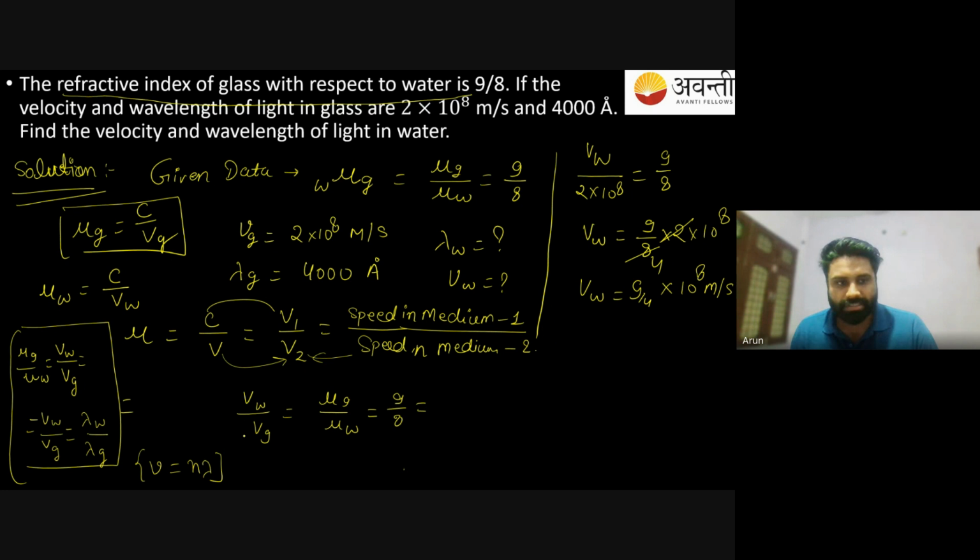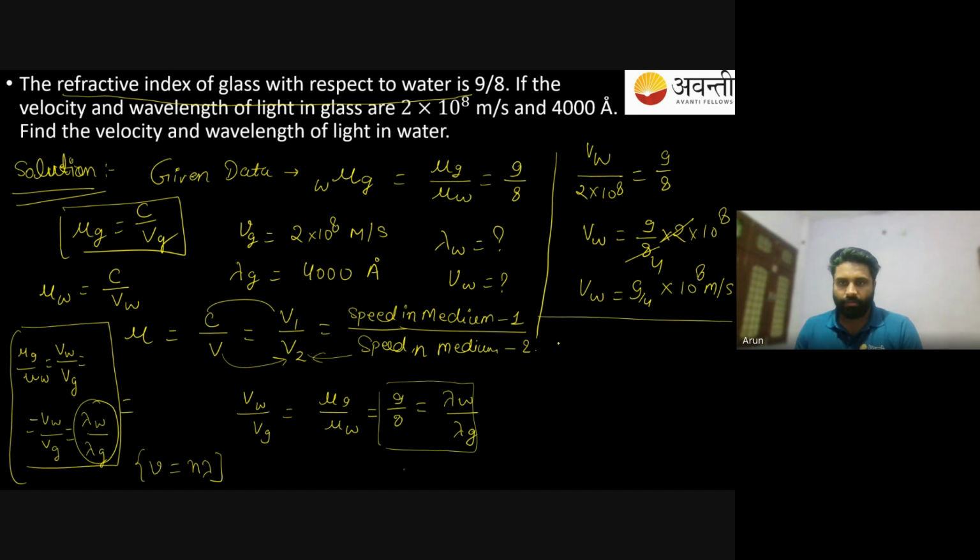And this ratio is also equal to lambda W by lambda G. Okay. So you have the value of lambda G over here. What is it? 4000 angstrom. So just take this ratio. Now, what is the value of it? Just try to calculate it.